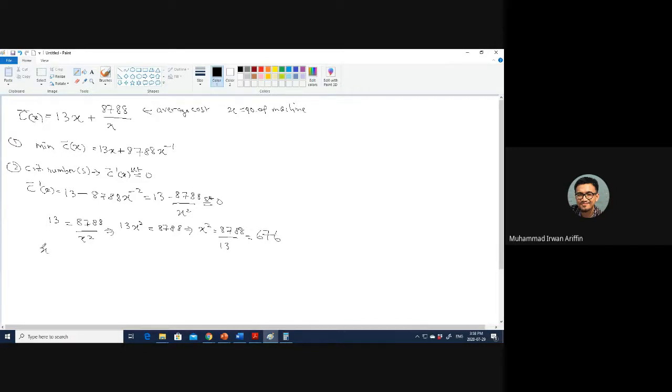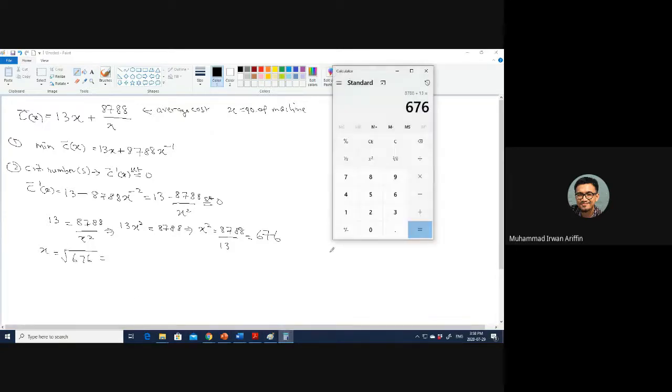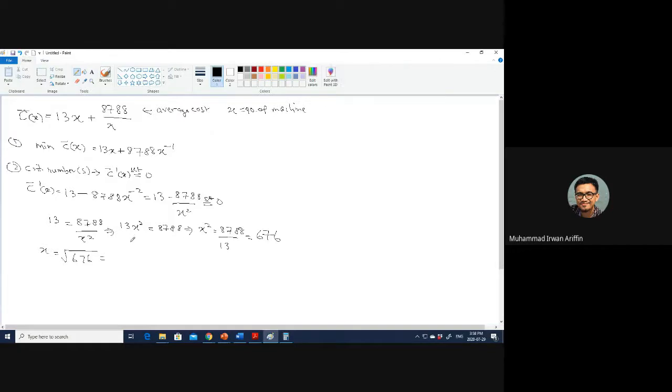And so X equals the square root of 676, which is 26, positive 26. So we simply ignore negative 26, the other root, because X has been stated to be positive. It has to be positive.